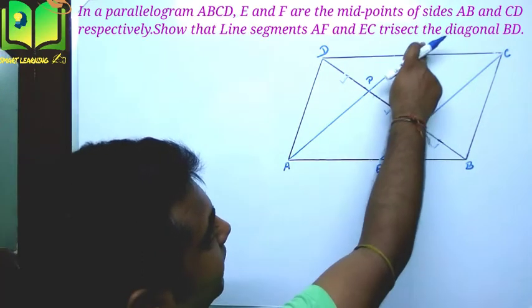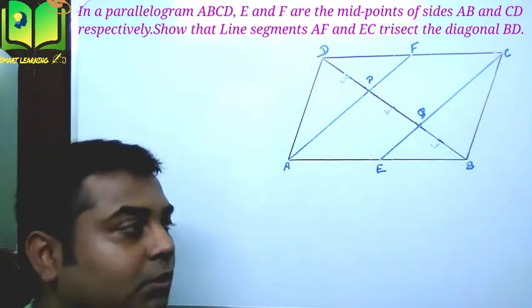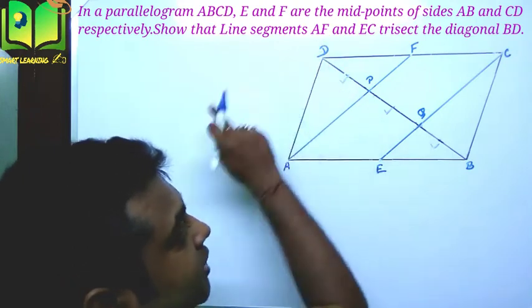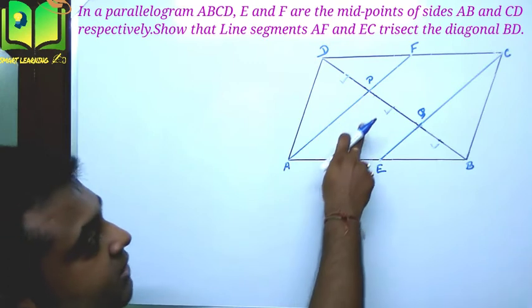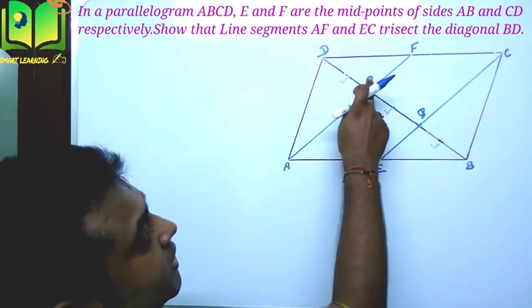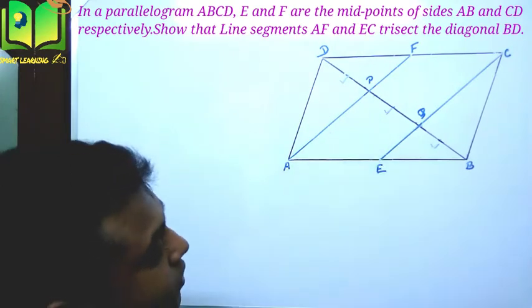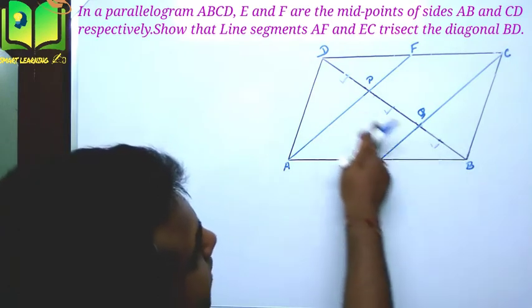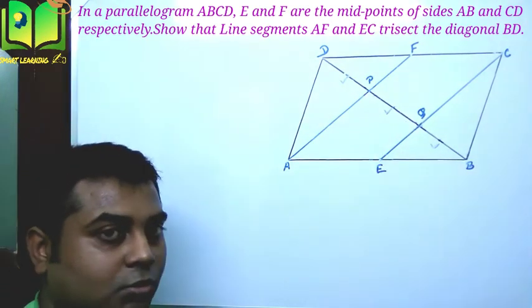If F is the midpoint of DC, then from the converse midpoint theorem in triangle DQC, P is also the midpoint of DQ, meaning DP equals PQ. So from these two conditions, PQ equals QB and DP equals PQ. So ultimately DP equals PQ equals QB.